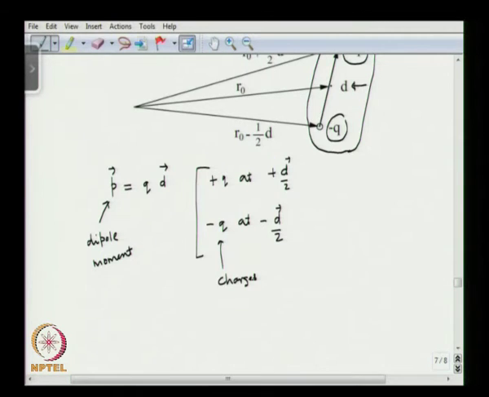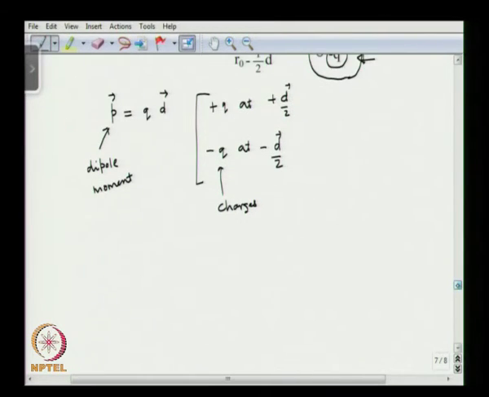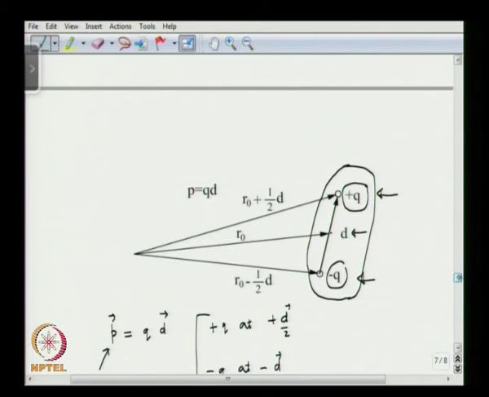Now because of these charges, one positive and one negative, we can find the potential distribution. So we can find the phi because of the dipole at any random point r.